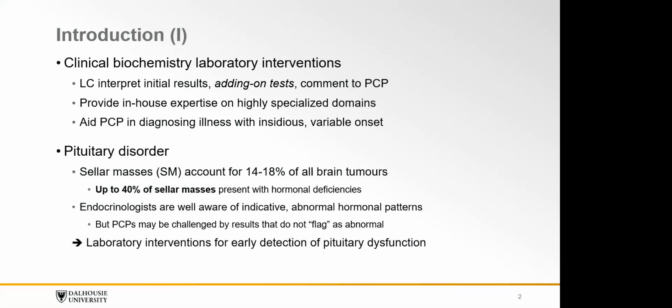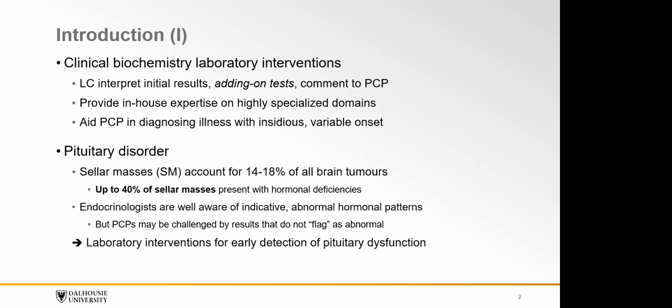So an introduction, in recent decades, services from clinical biochemical laboratories have grown to include laboratory interventions. So how that works is a PCP or primary care provider requests certain tests from the lab, and then a laboratory clinician or LC interprets those results of those initial tests, and then may themselves proactively add on extra tests to test for certain conditions that they know may occur, and then provide interpretive comments to the primary care provider.